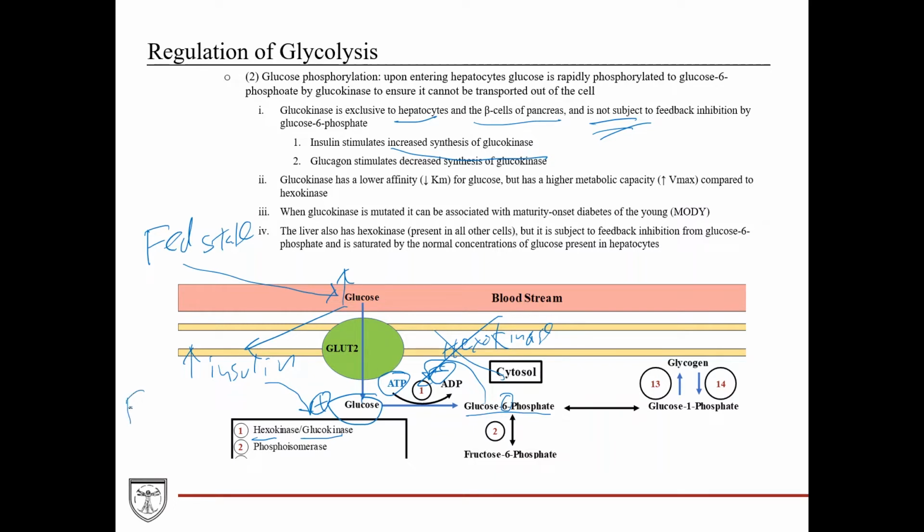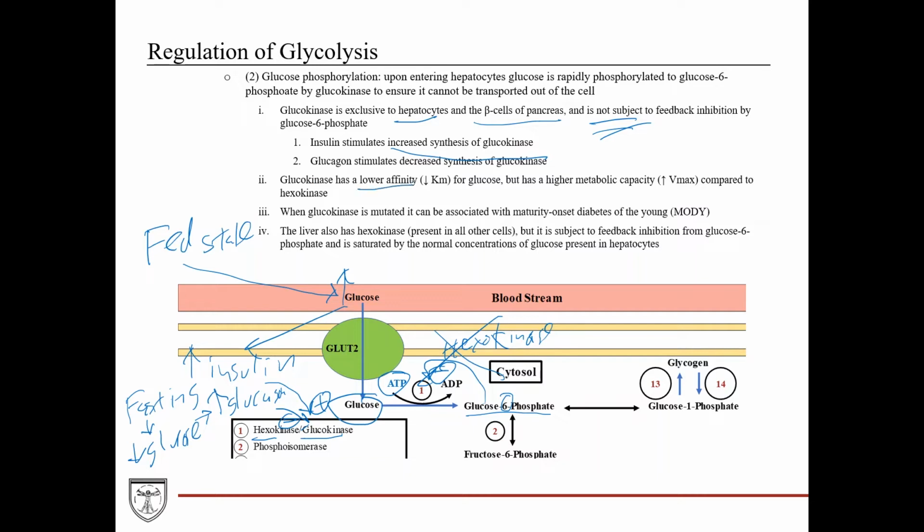On the flip side, in the fasting state, you have decreased glucose, and you're going to have an increase of a hormone called glucagon, which helps stimulate gluconeogenesis and glucose synthesis. We'll talk more about that in the gluconeogenesis lecture. That's, again, to produce glucose to be used by peripheral tissues. So when you have increased glucagon during the fasting state, you're going to decrease synthesis of glucokinase. The point is that the levels of glucokinase are sensitive to what state the body is in and what the levels are of these hormones.